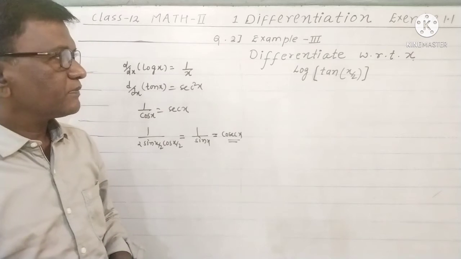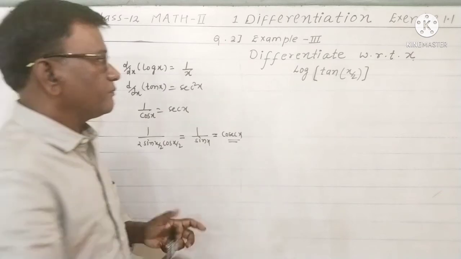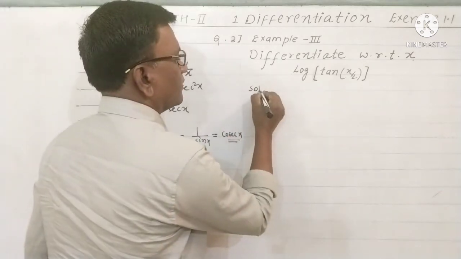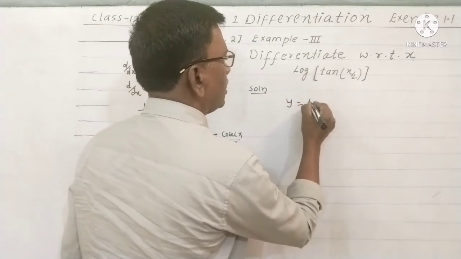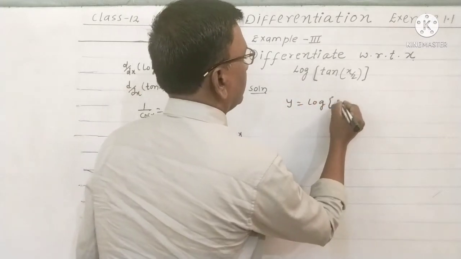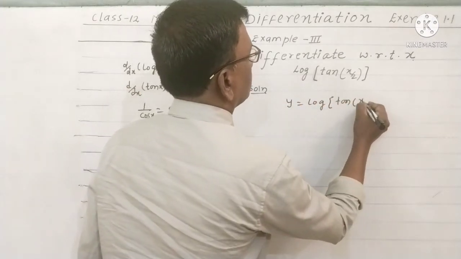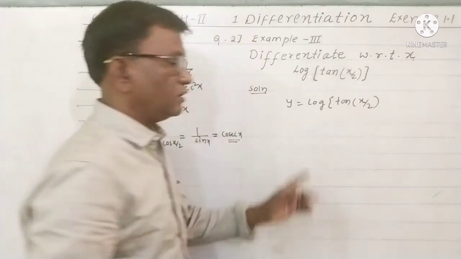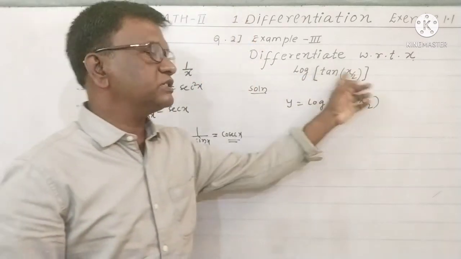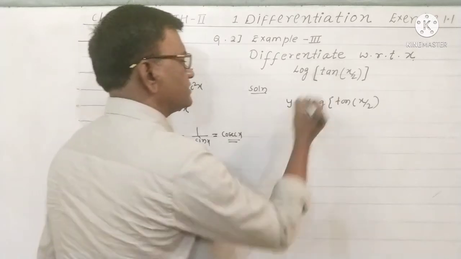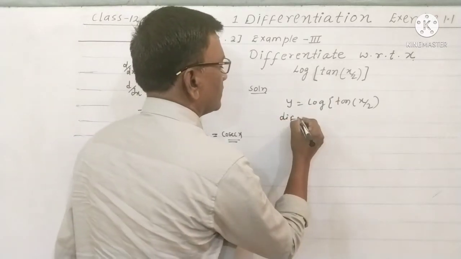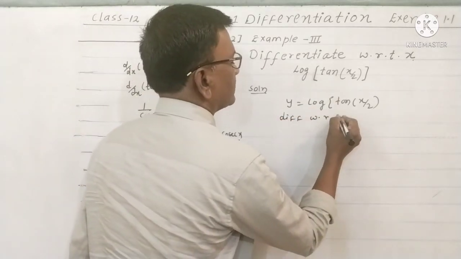Let us see the solution. We have here y is equal to log of tan x by 2. Take y as this given function, then differentiate with respect to x.